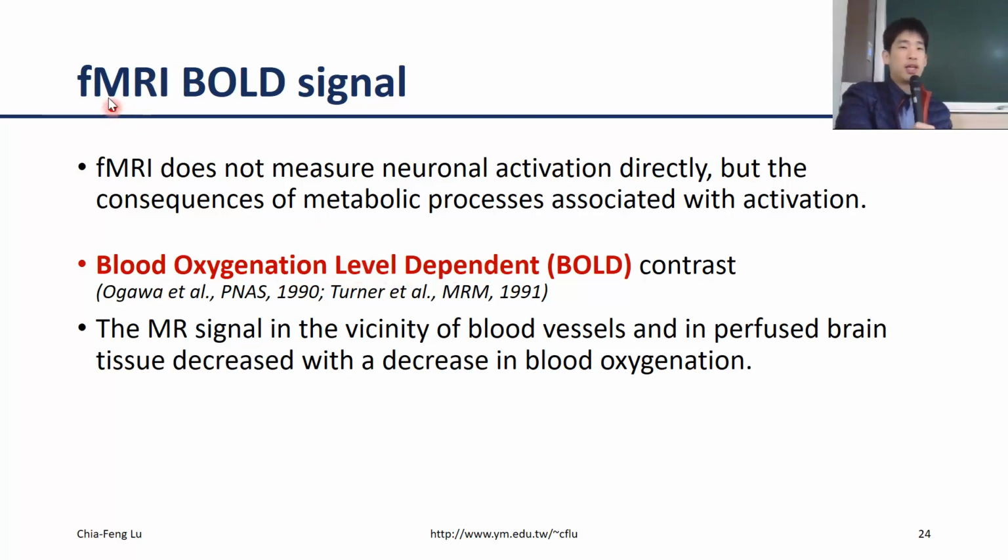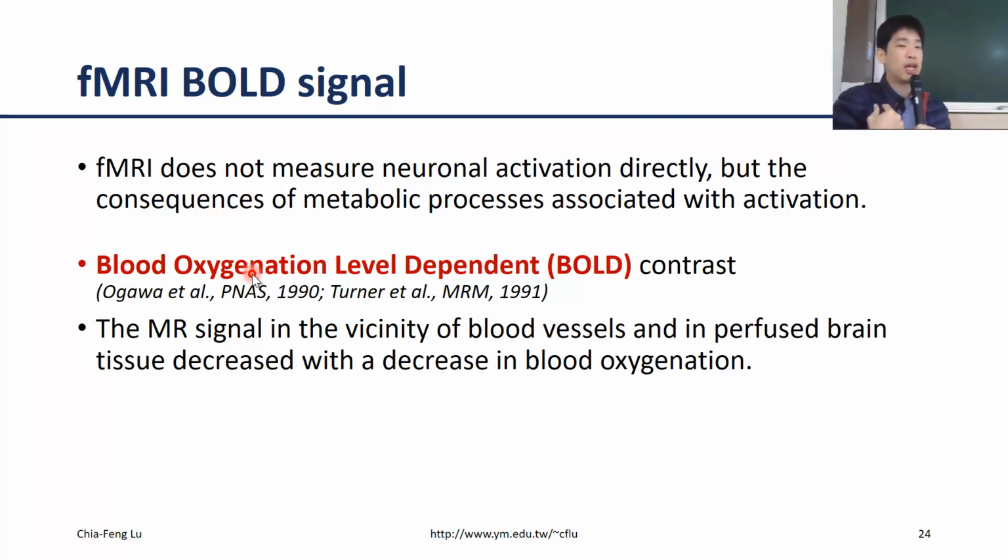So you can see fMRI is actually measuring the blood oxygenation level, not directly measuring the blood flow or the neural activity, but actually measuring the blood oxygenation level. But as you know before, the oxygenation level definitely can change if the CBF, or cerebral blood flow, increased. If the blood flow increased, definitely more oxygen comes into your brain.